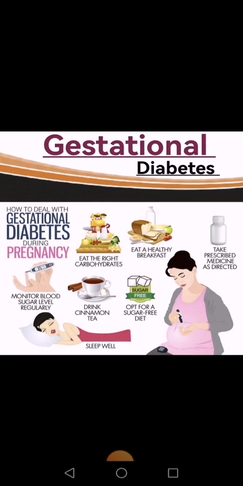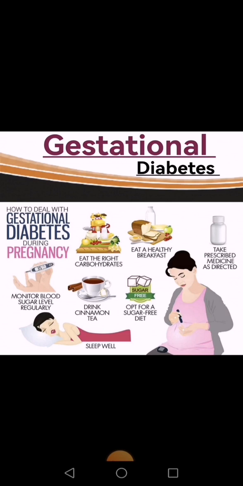Let's see how to deal with gestational diabetes during pregnancy. What are the important steps that we adopt to prevent and cure this gestational diabetes? First, eat the right carbohydrates. We have to take best quality, very hygienic carbohydrates. Second, eat a healthy breakfast.